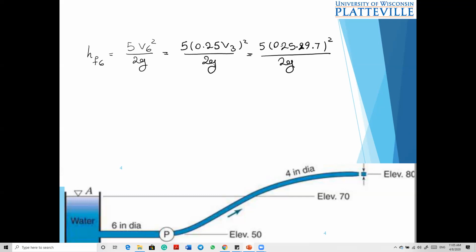So from here, head loss in the 6-inch diameter is 4.28 feet. You know the head loss unit is always length.